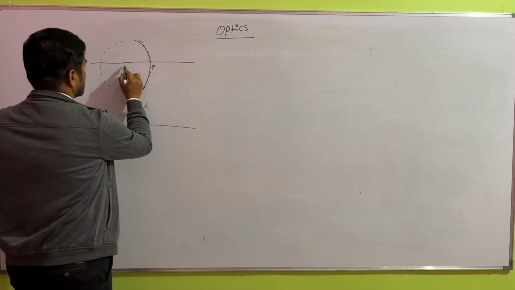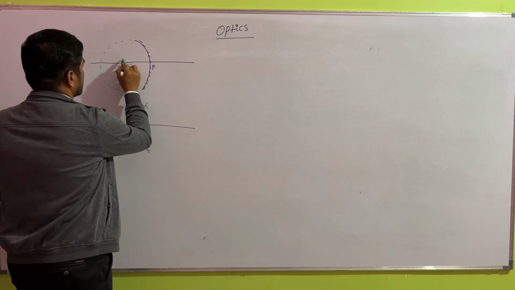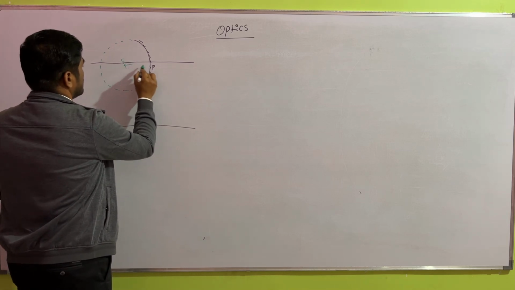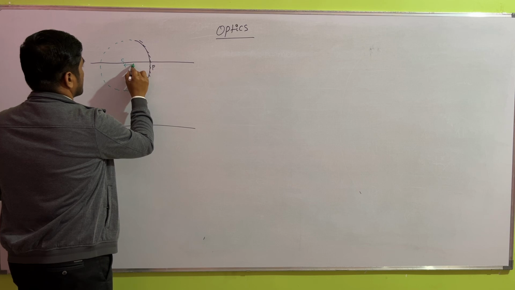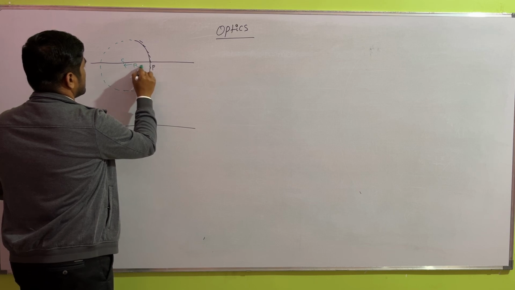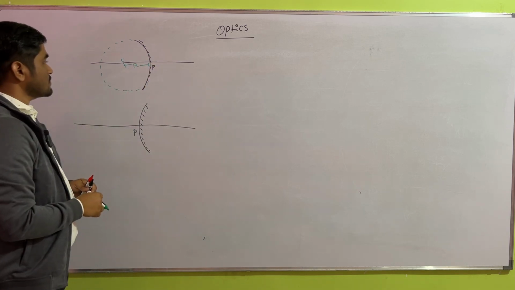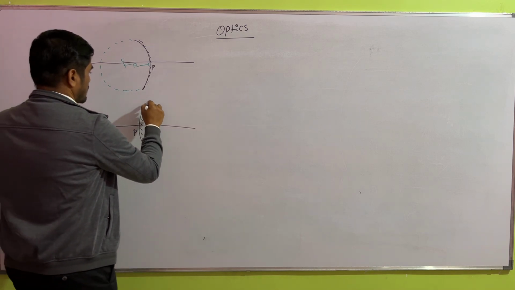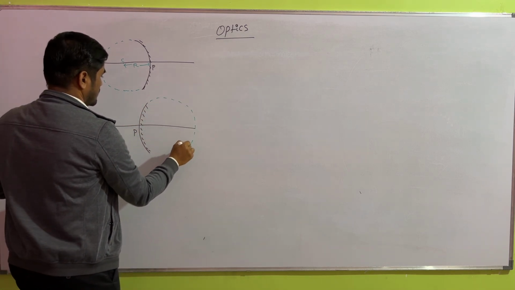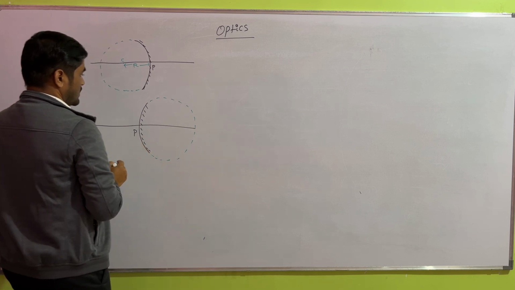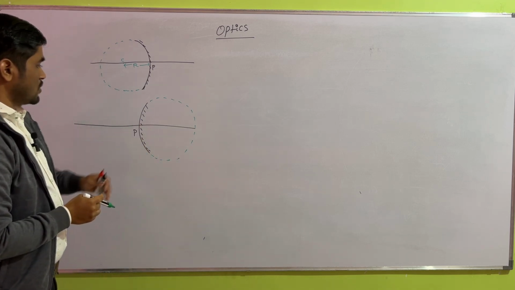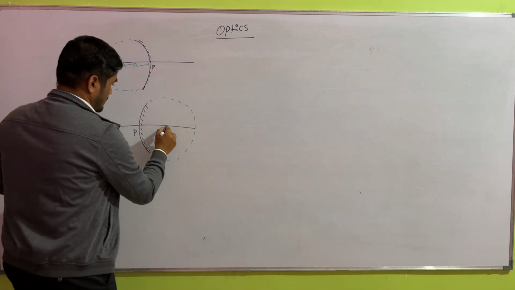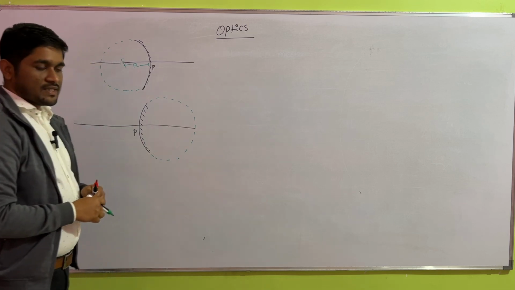and the distance from the center C to the pole is known as radius of curvature R. Like for convex mirror, this is a sphere from which the mirror forms a part, and this is the center of the sphere.